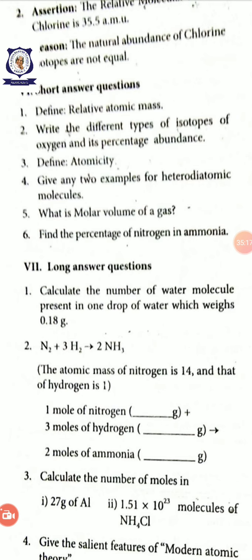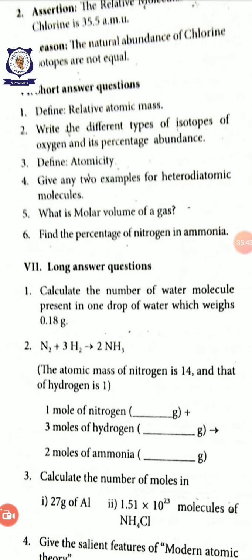See, N2 plus 3H2 gives 2NH3. 1 mole of nitrogen, 28 grams. 3 moles of hydrogen. Atomic mass of nitrogen is 14 and hydrogen is 1. So 3 moles of hydrogen, 3 times 2 is 6. 2 moles of ammonia.